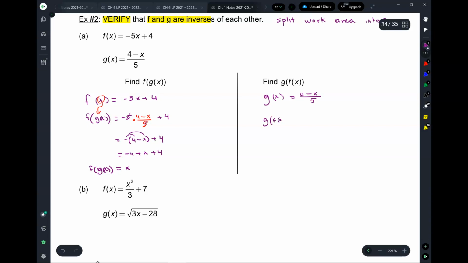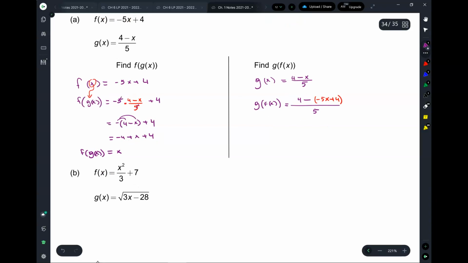G of f of x is this: 4 minus, in parentheses, negative 5x plus 4 over 5. So now, when you distribute, 4 plus 5x minus 4 over 5.